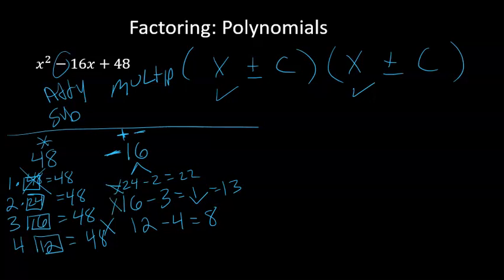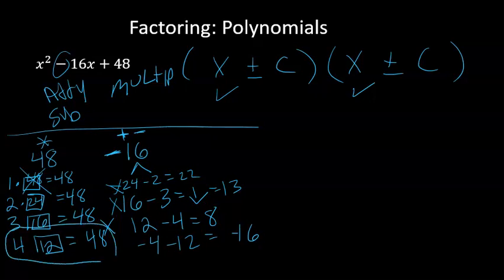These I can't do. So what if I did negative 4 minus 12? If I did negative 4 minus 12, it actually gives me negative 16. So you can play around a little bit with these.